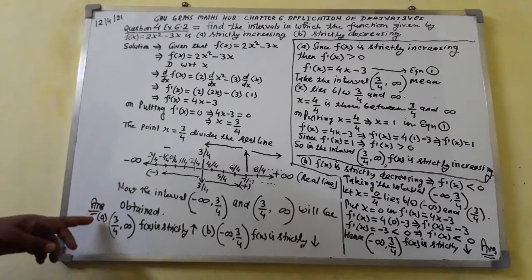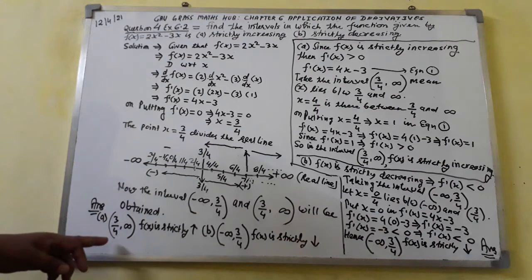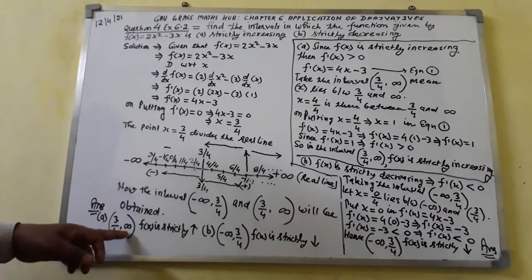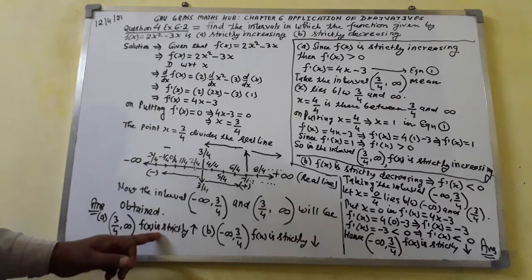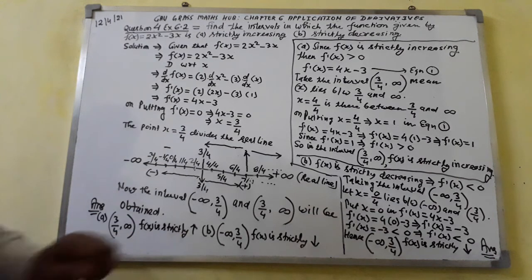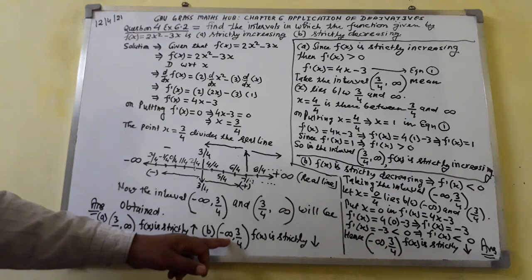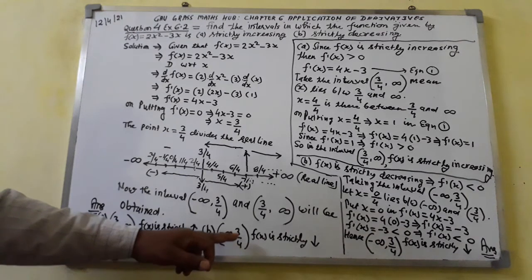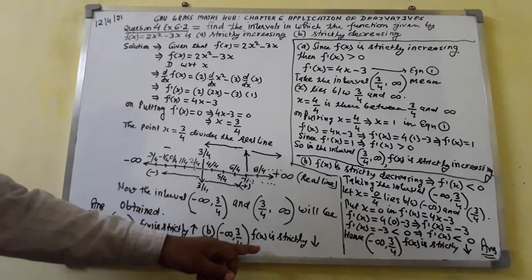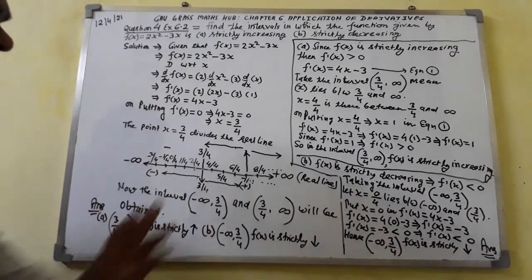Answer we have got here: A, open interval 3/4 comma infinity open interval, f of x is strictly increasing. B, open interval minus infinity comma 3/4 open interval, f of x is strictly decreasing.